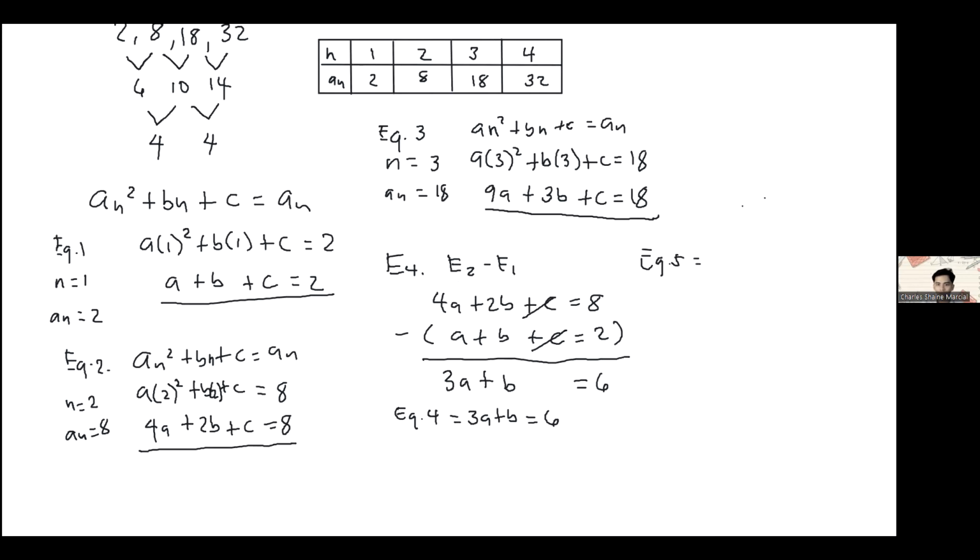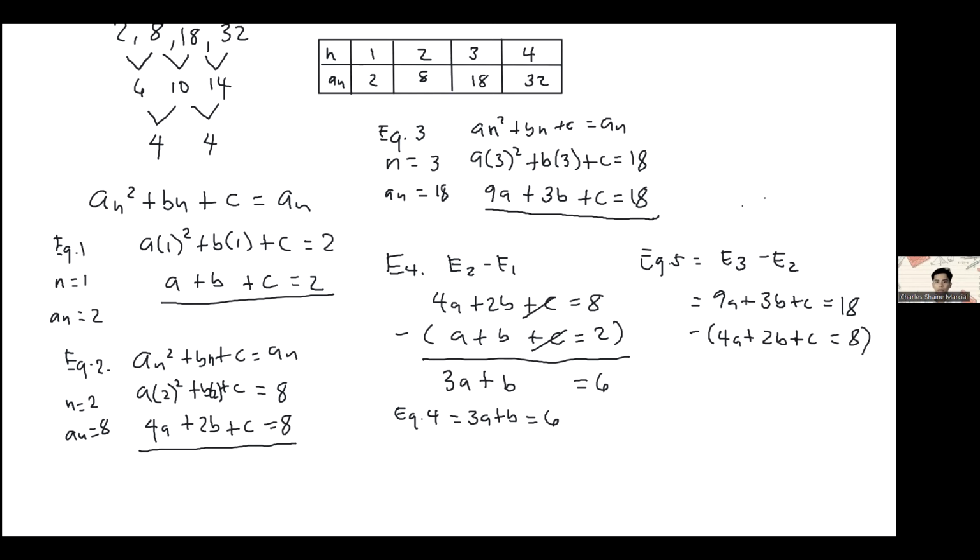Ang gagawin naman natin is we will subtract equation 3 minus equation 2. So equation 3 natin is 9a plus 3b plus c is equal to 18 minus the quantity of 4a plus 2b plus c is equal to 8.